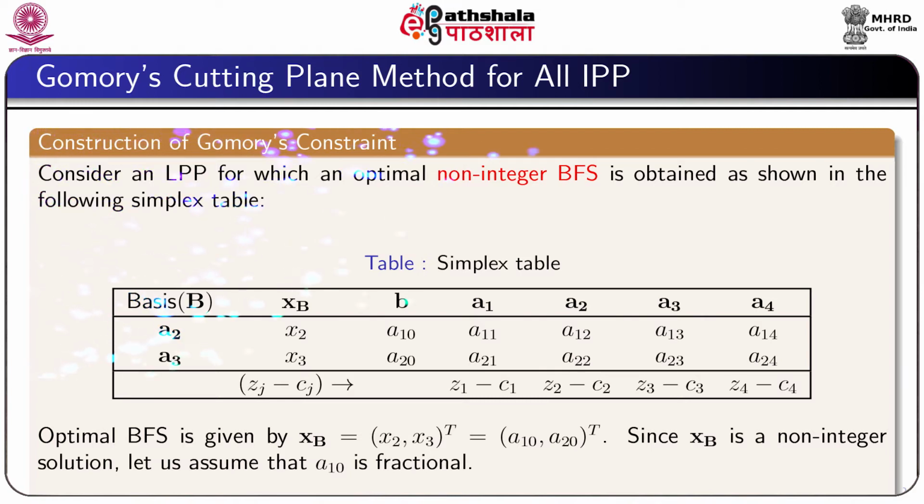Since this table shows the non-integer basic feasible solution, obviously A10 or A20 or both are non-integers. For the sake of brevity, let us assume that A10 is fractional.